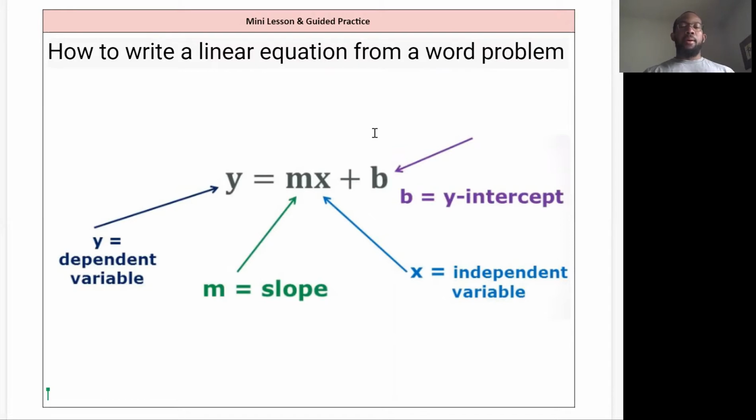They all stand for something. The y stands for the dependent variable, which means that it depends on something else. The m is your slope or your rate of change. Another way of saying your slope is your rate of change, the rate at which something changes by.